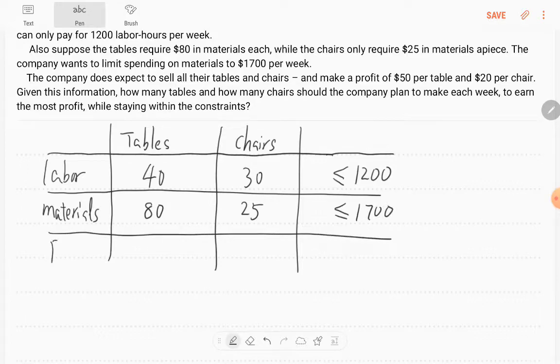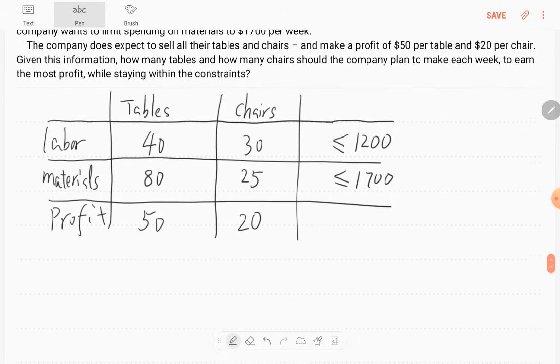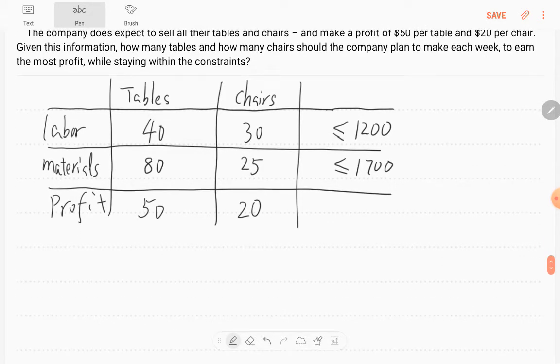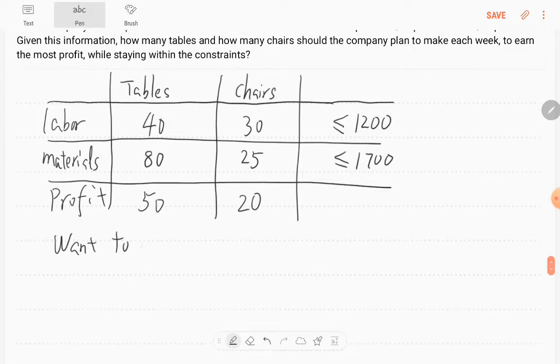Let's look at the profit. For each table, the profit is $50. For each chair, the profit is $20. And we want to maximize the profit.